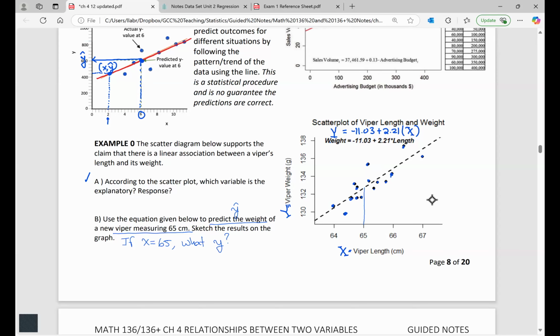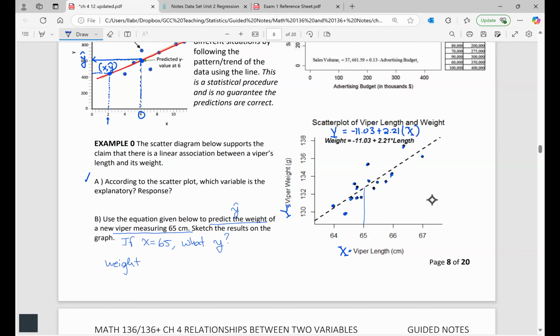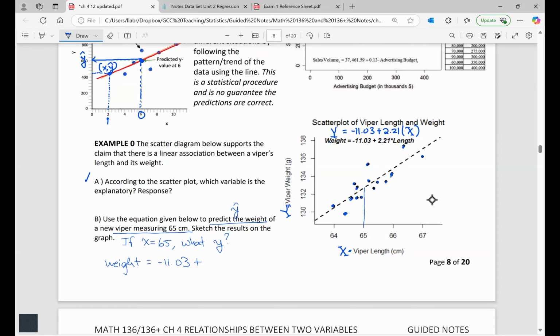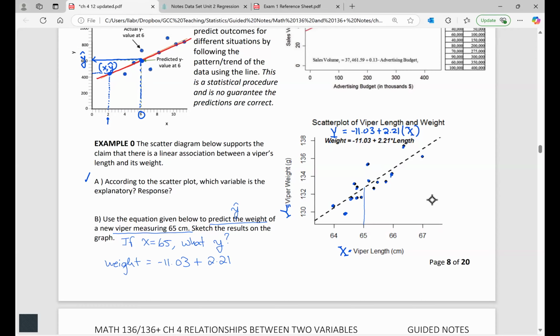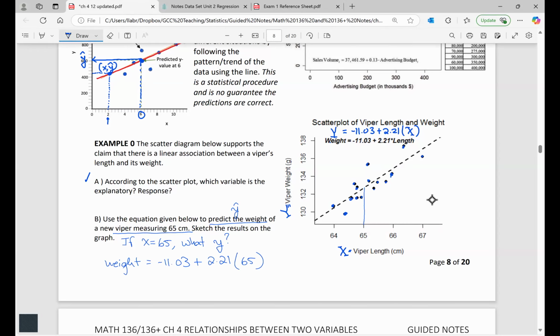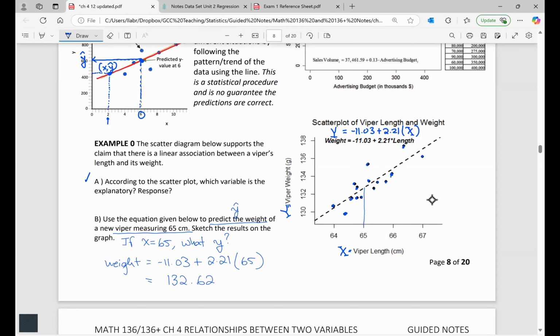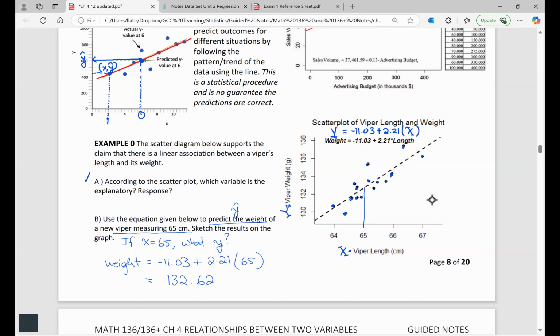So we have the weight is equal to negative 11.03 plus 2.21 times the x value. And we know that the x value here is 65. And if you look closely, this is simply an expression. So we can throw this into a calculator like Desmos, and we'll get 132.62.